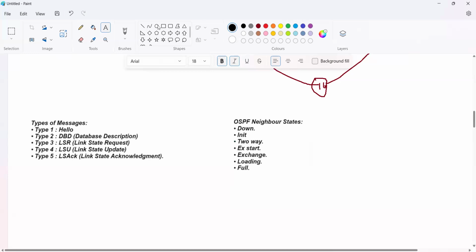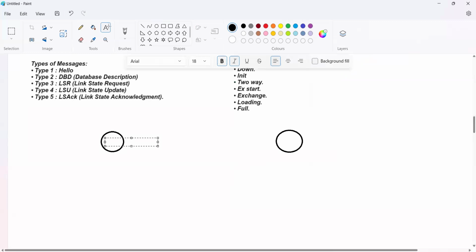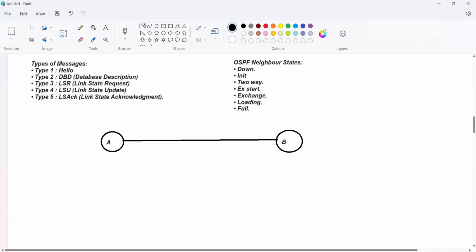So here we have 2 routers, router A and router B, and we configure OSPF between them.